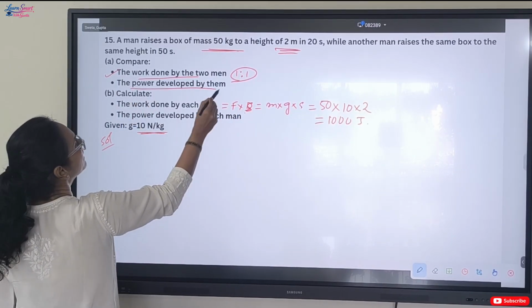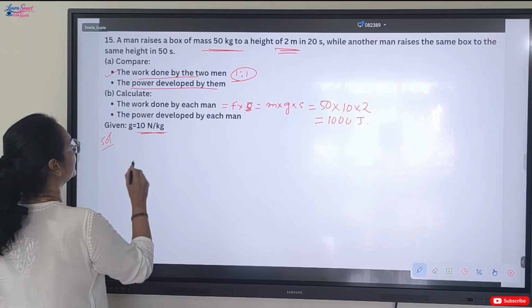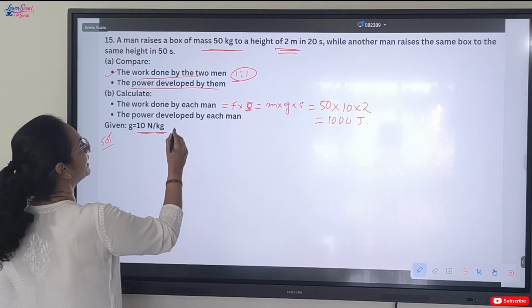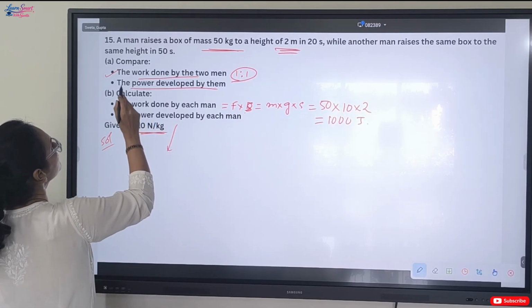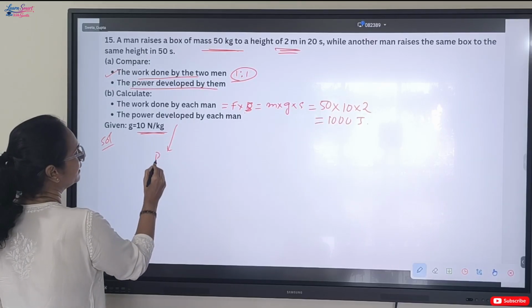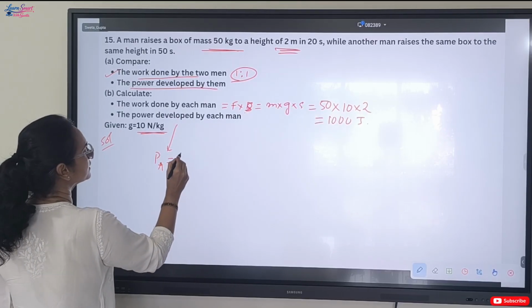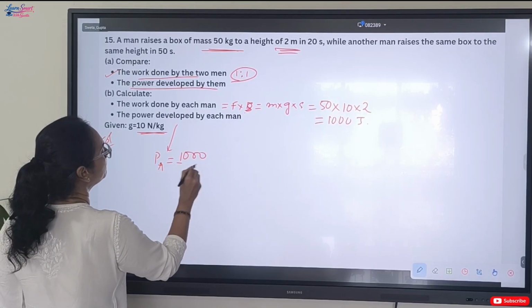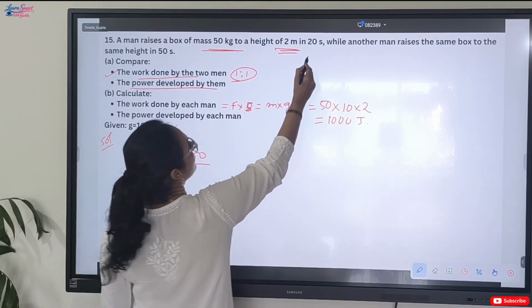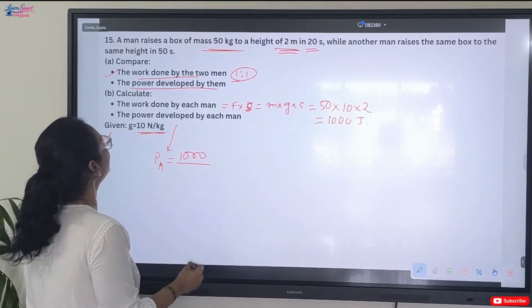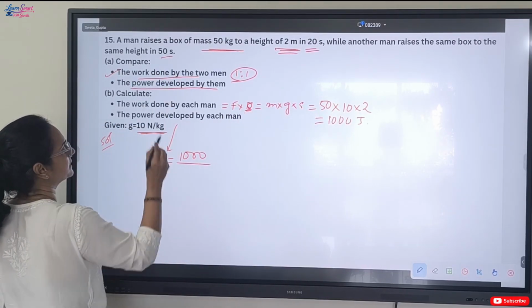Second is the power developed by them we have to calculate. So power, how do we calculate? Power for the first person is, I am naming it as A. PA is equal to 1000 upon... Look at the time. The first man takes 20 seconds and the other takes 50 seconds.